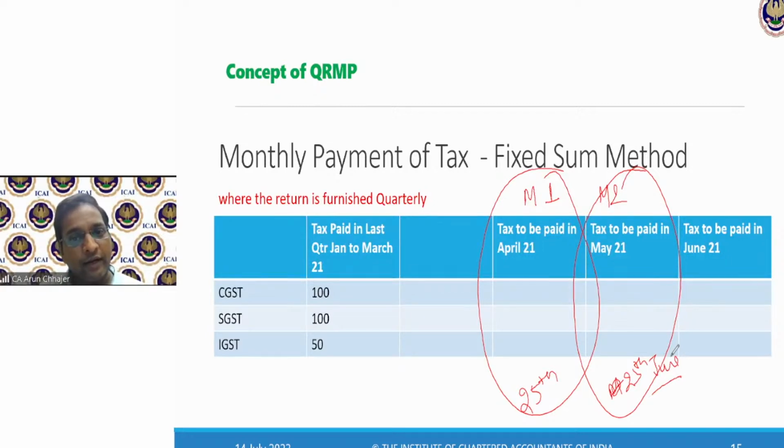What you are doing? I am depositing the cash. What is the mode by which you will deposit? पहले मुझे बताइए.